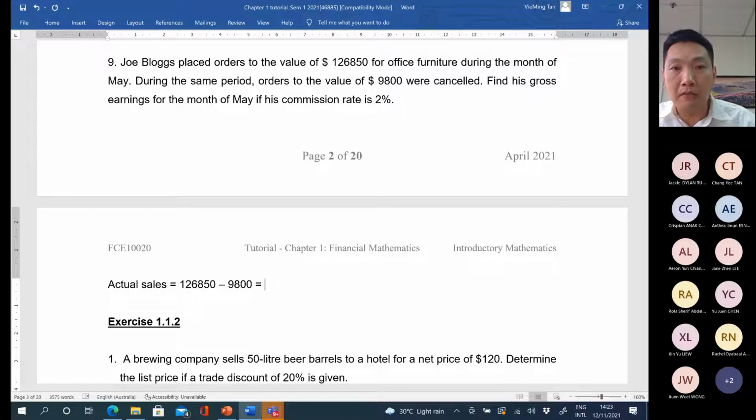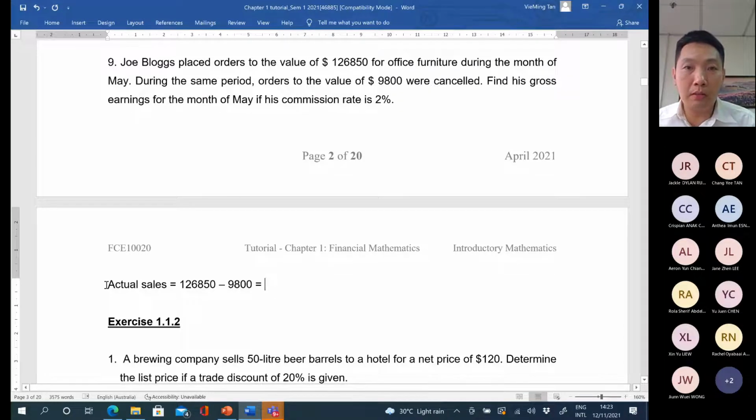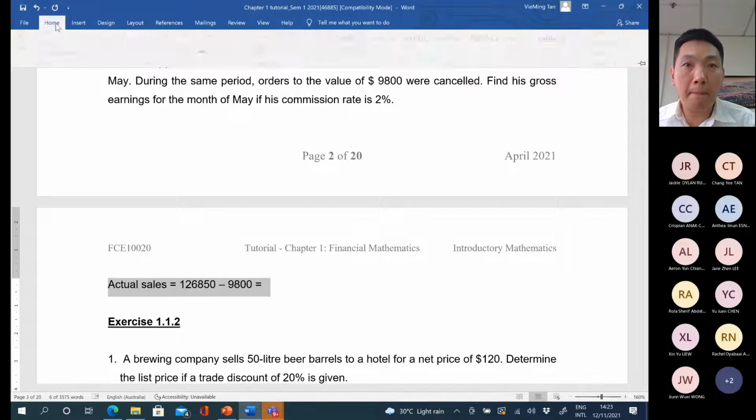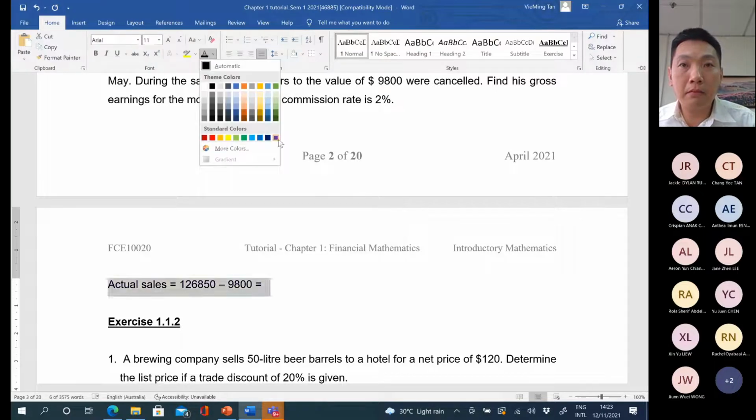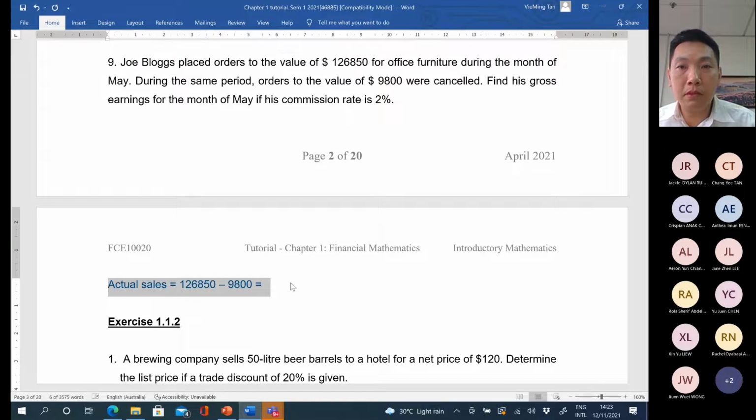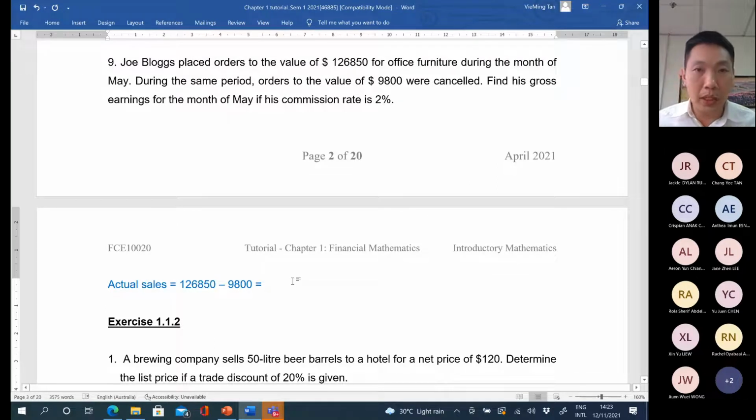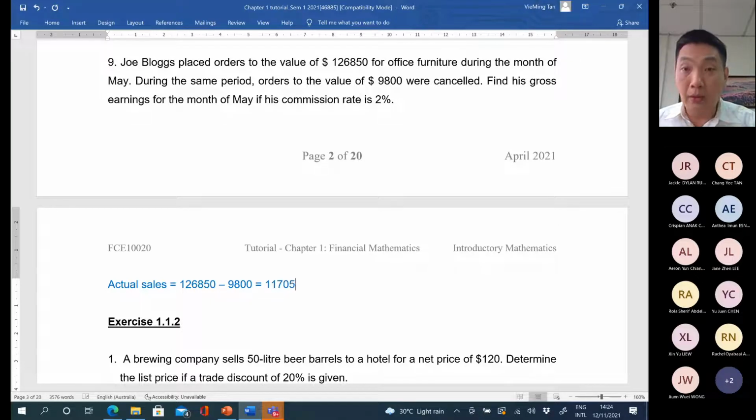We need to calculate the actual sales first. Can somebody help me calculate 126850 minus 9,800? So the actual sales in May achieved by that salesperson is 117050 only, right? Yeah, okay.